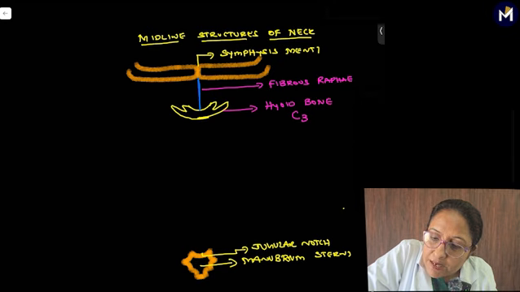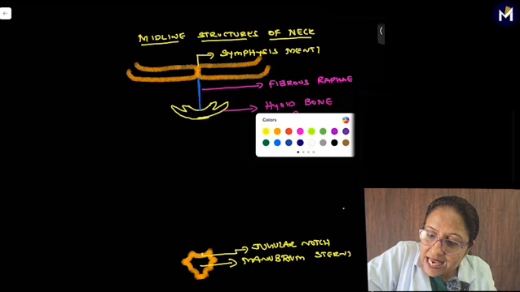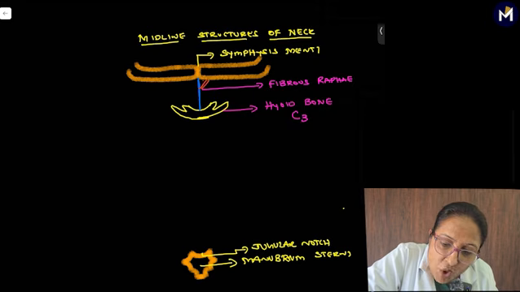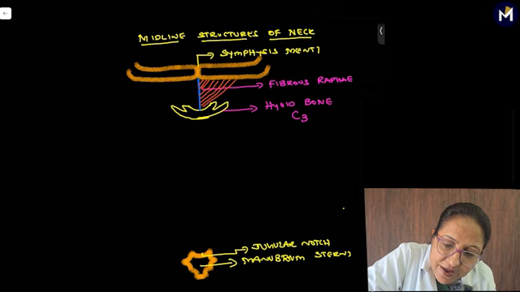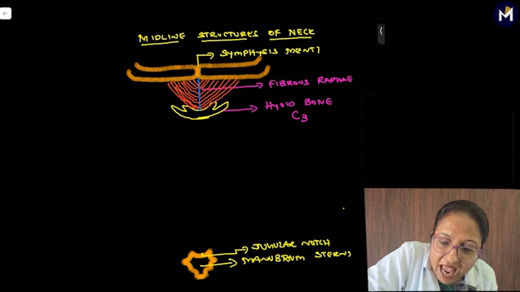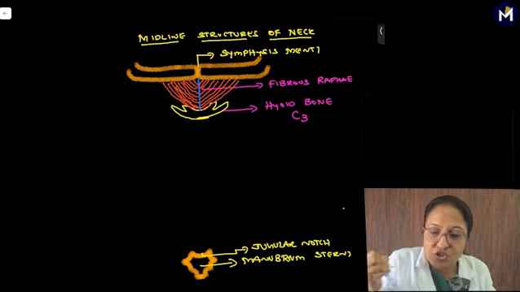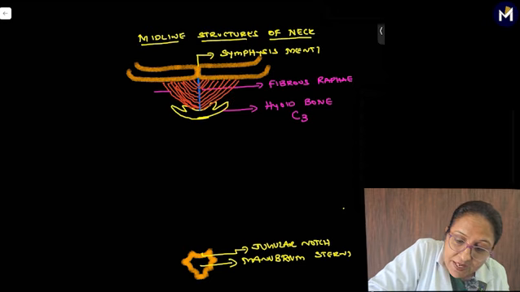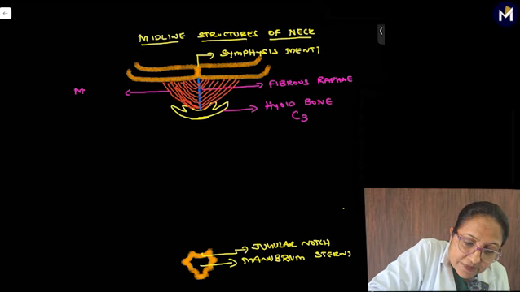Now, the muscle which is called as mylohyoid muscle from either side is attached partly to this fibrous raphe and partly to the hyoid bone like this. So this is mylohyoid muscle which forms like a diaphragm over here. So it is otherwise called as diaphragma oris. So we'll label mylohyoid muscle here.